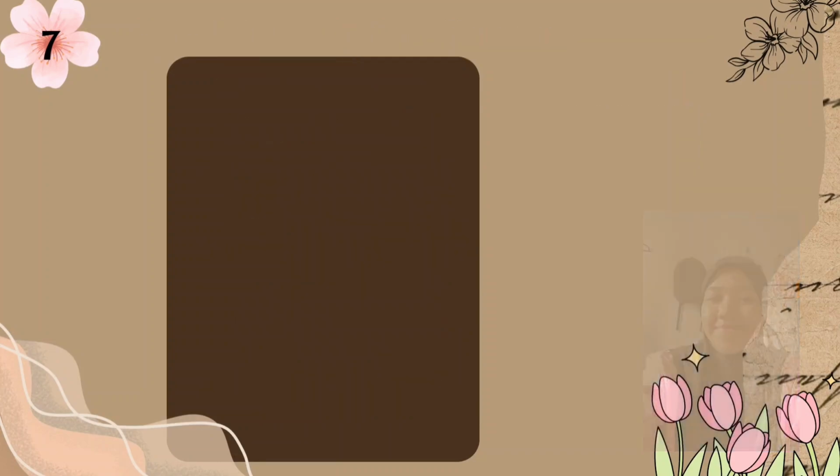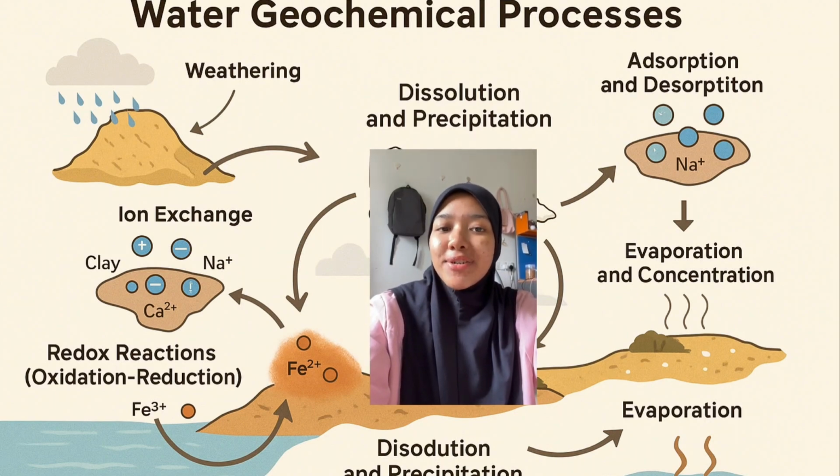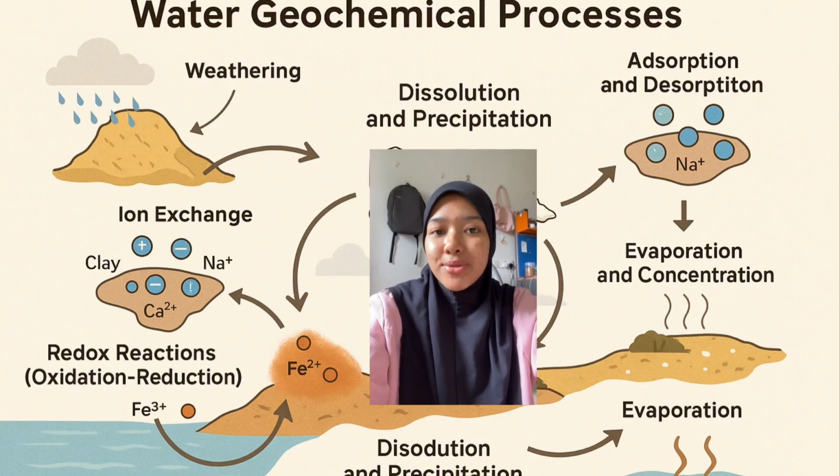In conclusion, these 7 water geochemical processes, such as weathering, dissolution and precipitation, hydrolysis, redox reaction, ion exchange, adsorption and desorption, and lastly evaporation and concentration, work together to control the chemistry of Earth's water system.